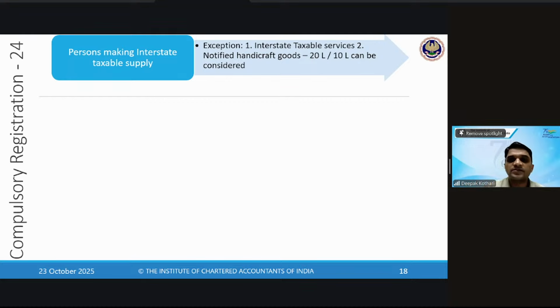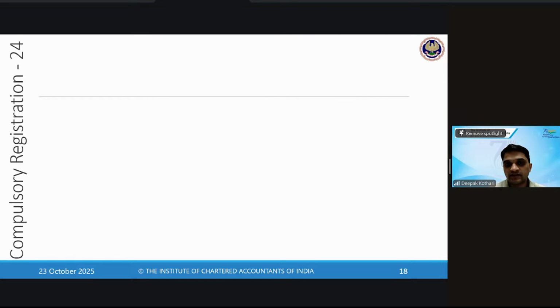Maximum 20 lakhs for TNMM states, 10 lakhs for all other states. The second exception is if you're selling notified handicraft goods, then you don't have to register. So first is interstate taxable services, second is notified handicraft goods.